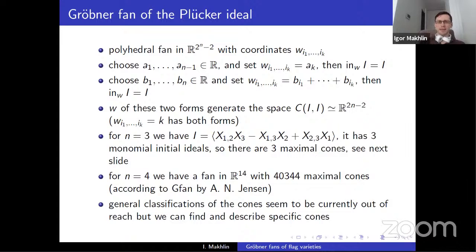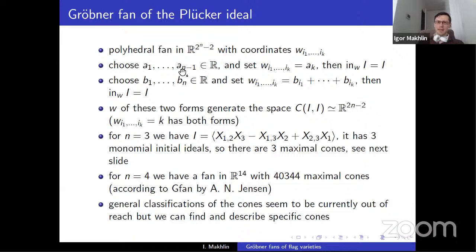Okay, these are the very basic observations we can make here. We have 2 to the n minus 2 coordinates in the Plücker coordinates, so the fan lives in a real space of this dimension. And one thing we can understand easily is how the minimal cone, the linearity space, works.